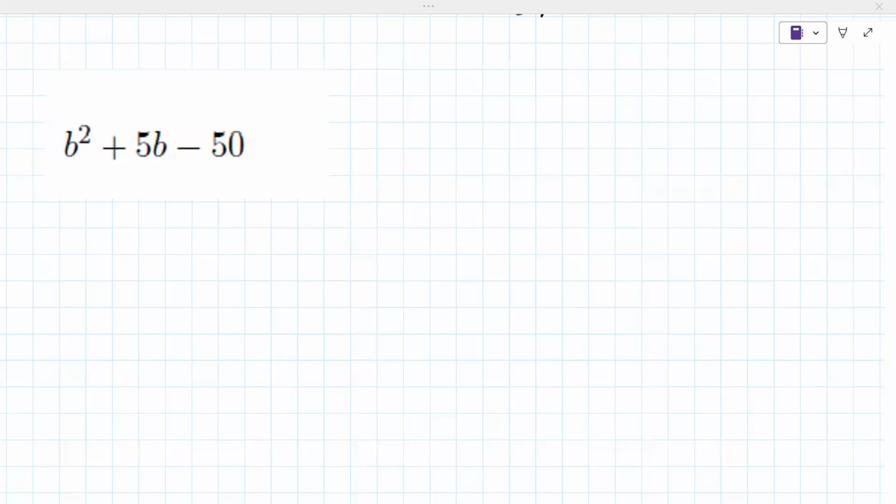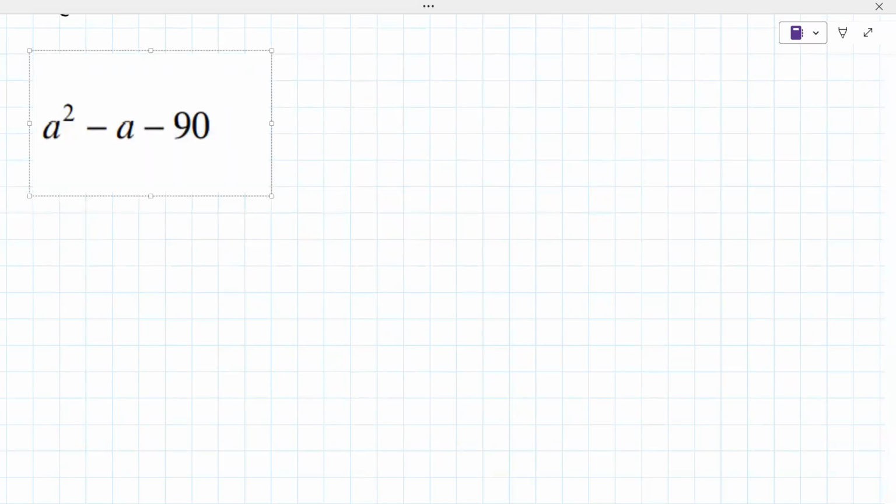B plus 10 and B minus 5. Very good. All right. Awesome. All right, so let's do one more here, and then we'll do another type of factoring here, and then we'll get on some piecewise stuff.